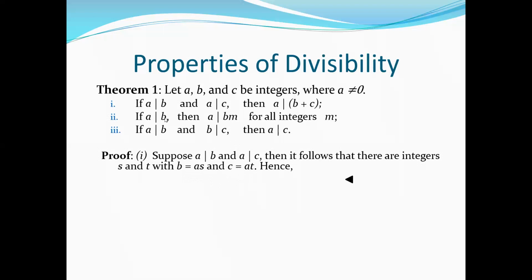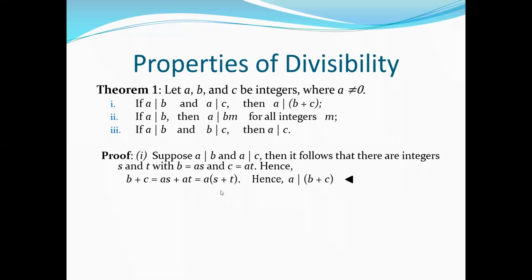So these are our two equations. Based on form 1, we have B plus C. Let's substitute AS and AT to B plus C, so it will be rewritten as AS plus AT. We have a common term, which is A, so let's factor it out. It means we have A times (S plus T). And what is this form?